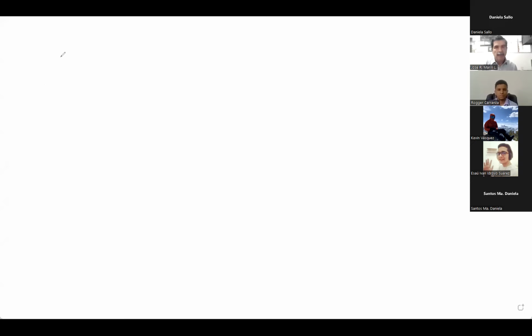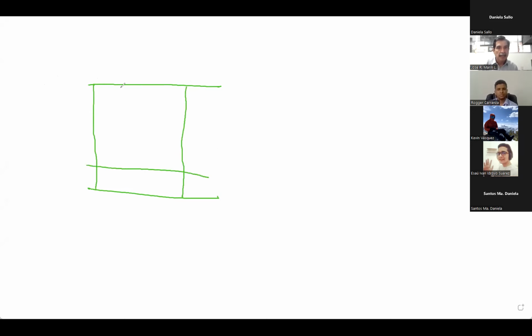In the plan, you have something like this. It has transverse bulkheads. It has a double bottom. And here you can see that there are some elements on the top. So it's a girder.